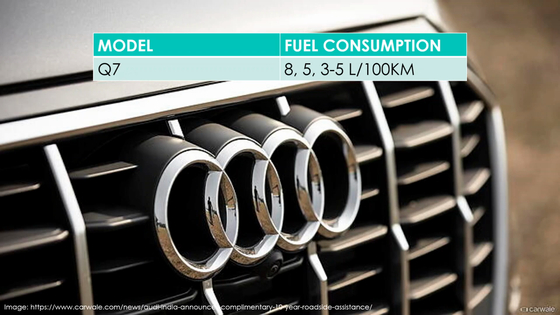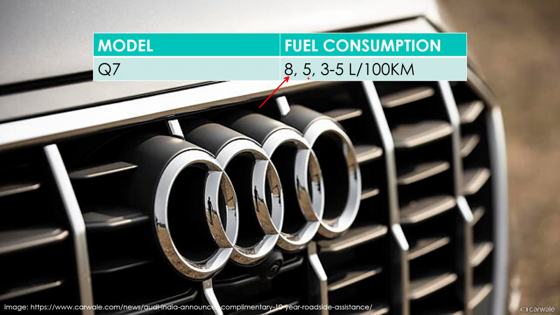Now, the tech bros, as they call them, love Audi. Now this is an Audi Q7, and this Audi will perform differently in terms of fuel consumption depending on different scenarios. For example, in the worst case, that is in a traffic jam, it's going to consume 8 liters per 100 kilometers.